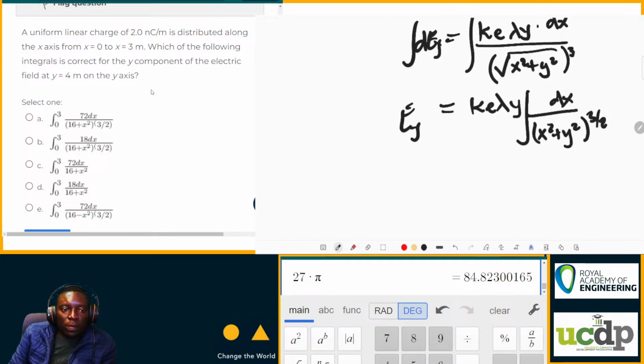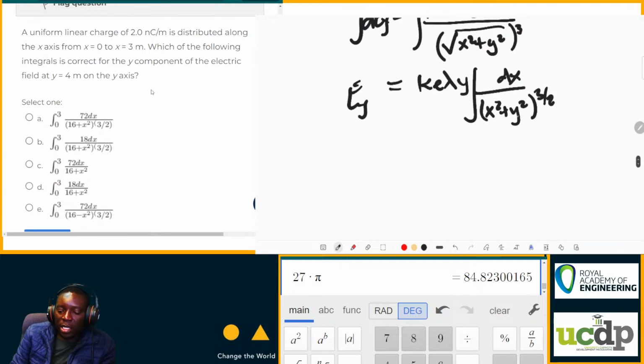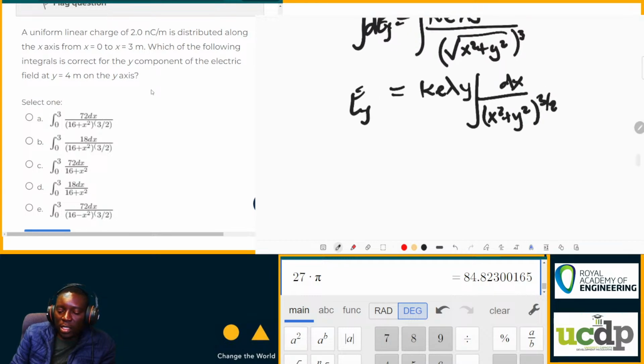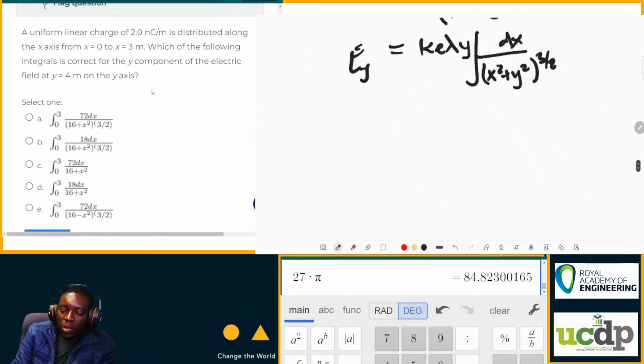Okay, so what is in this case? We can now substitute for the constants. The constants are values like y. y is at 0.4 meters on that axis, so y equals 4.